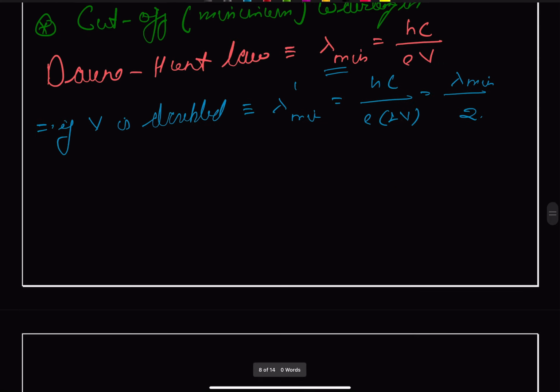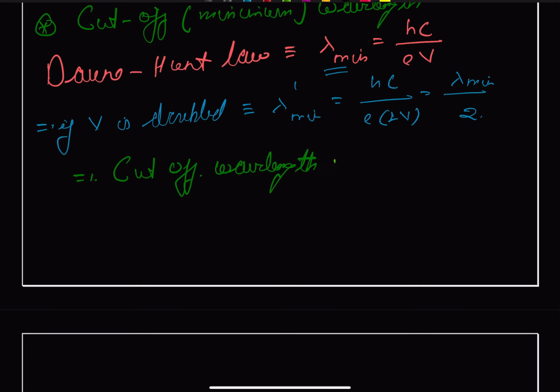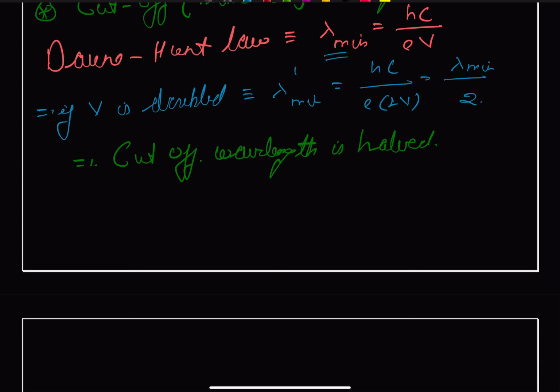So from here we can say that our cutoff wavelength is halved, and from the equations we can also see that it is independent of current I and distance d.